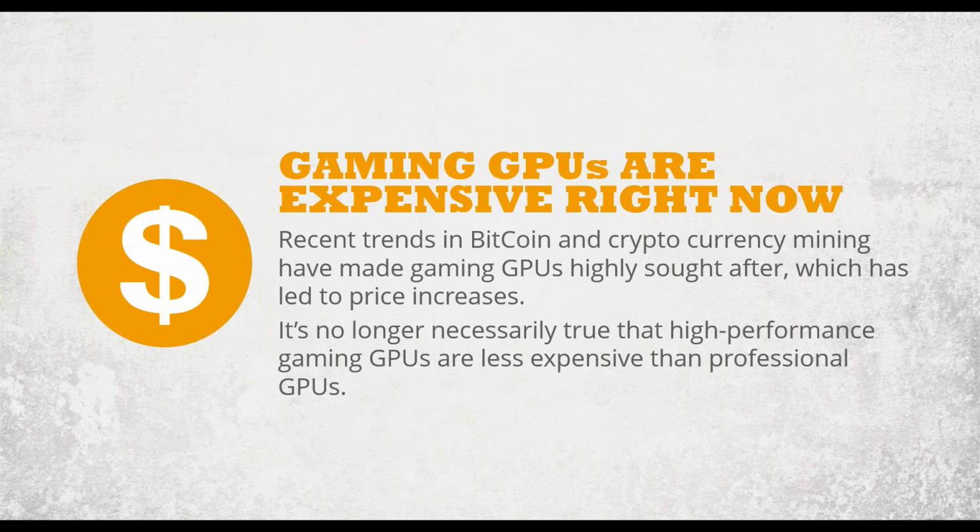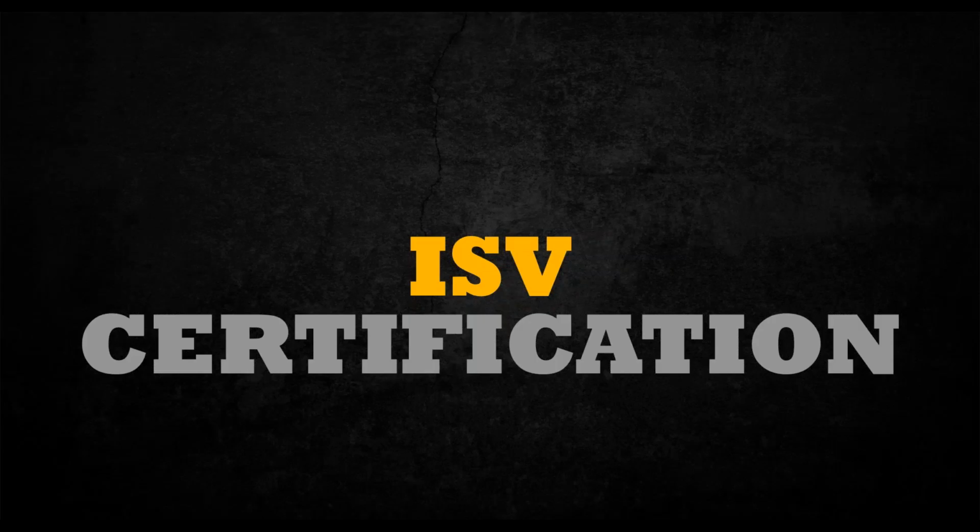It's led to price increases. So the old thought was that professional GPUs are more expensive than gaming GPUs. That line is really blurred right now and is not necessarily true anymore. Professional GPUs for CAD applications are pretty much cost competitive with better gaming GPUs at this point.